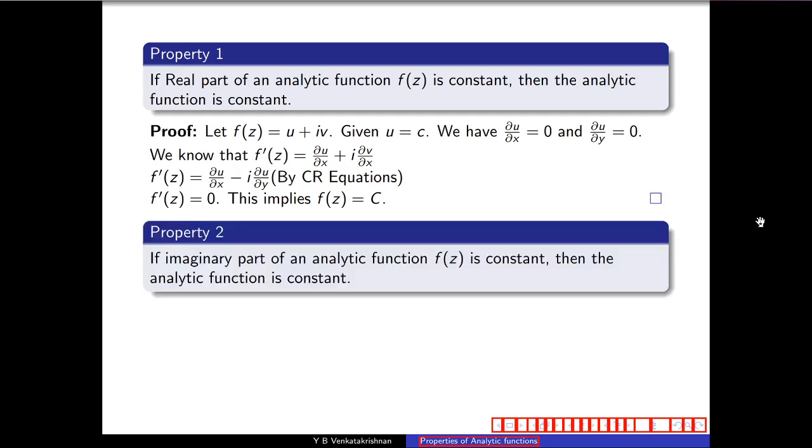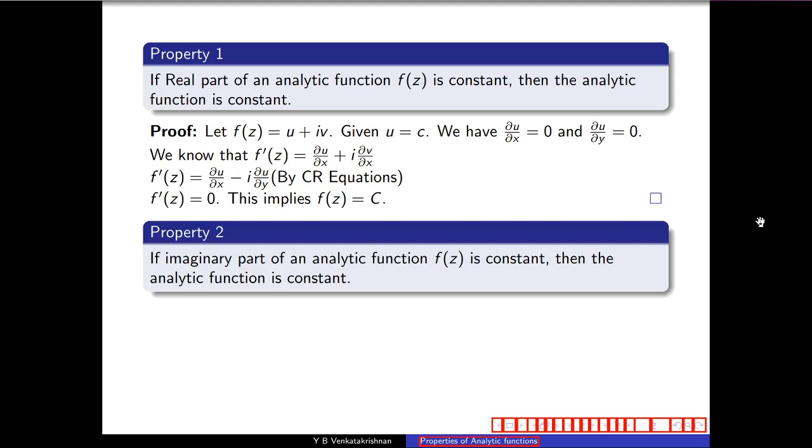And similarly, when the imaginary part of an analytic function is constant, then the entire analytic function is also constant. The proof will be similar to the proof of property 1.